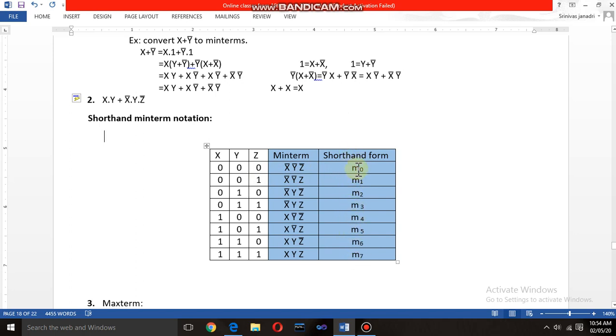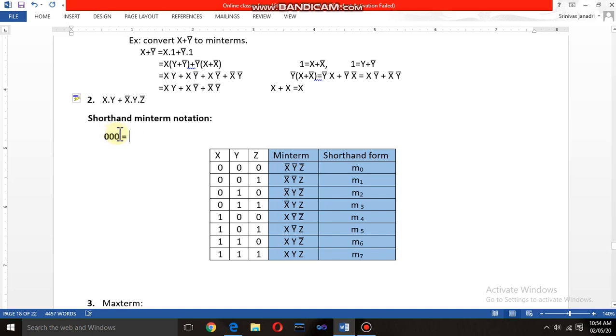This small m represents the min term. And this is 0 0 0, where x complement, y complement, z complement is nothing but 0 0 0, and if you convert this binary number into decimal, that is 0. Are you remembering this?